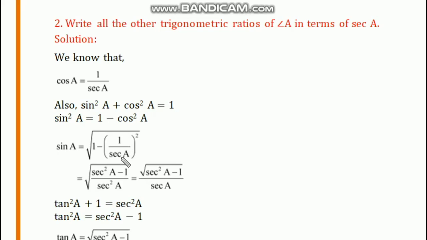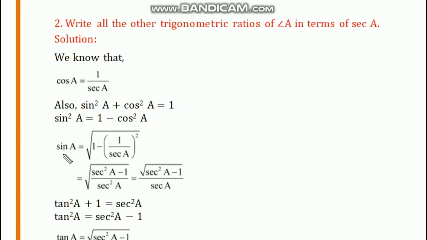So 1 minus 1 divided by secant square A. If we take LCM, we will get secant square A minus 1 divided by secant square A. So square and square root will be cancelled. So the remaining is square root of secant square A minus 1 divided by secant A. So here we found cos A and sin A.